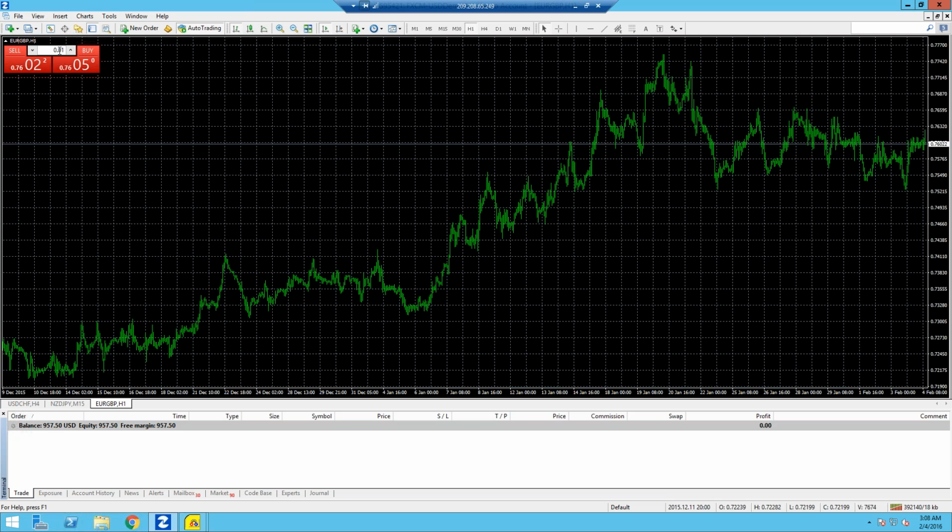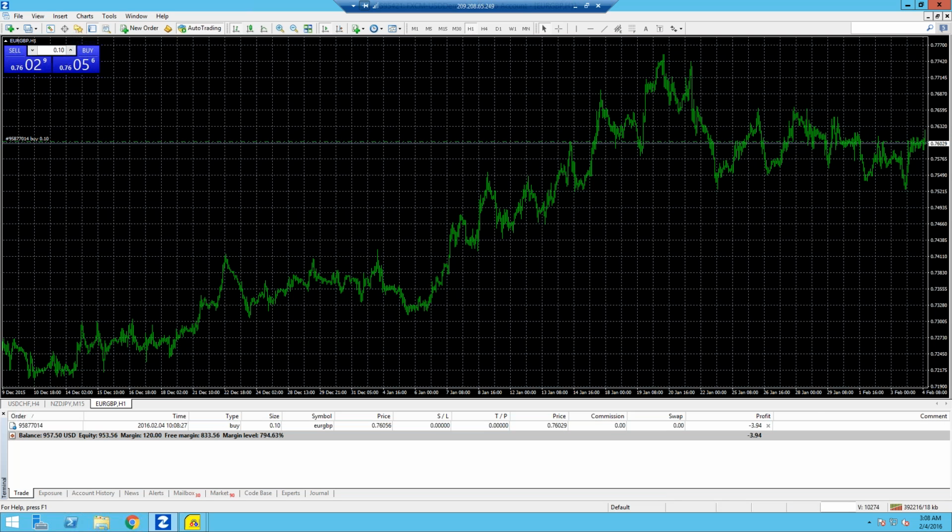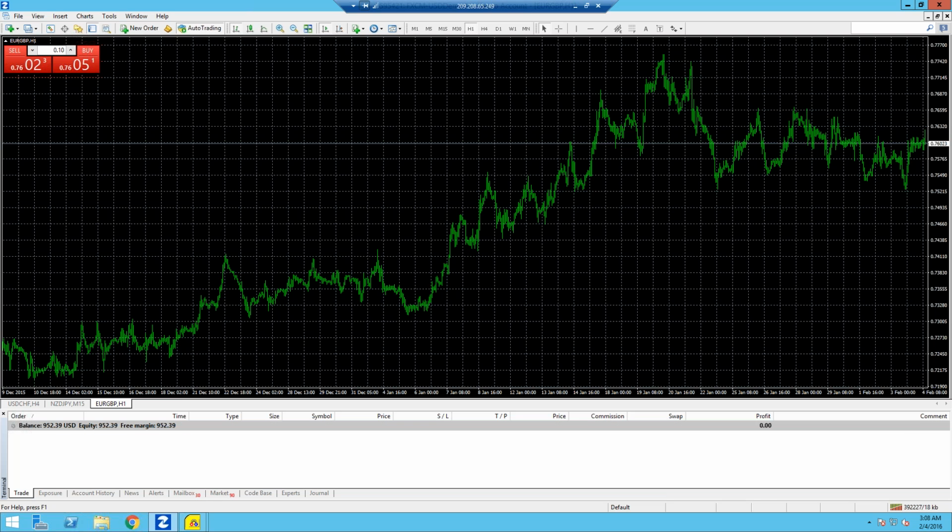So let's just say I wanted to buy a mini. You can do one of two things. When you buy a mini, you can just buy. But what if you had two different zones to enter, but the mini was your trade? So my full position is a mini.